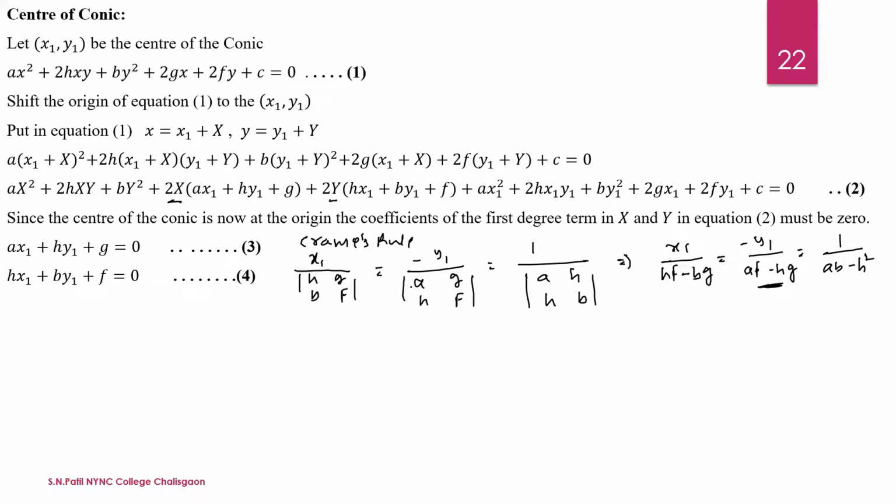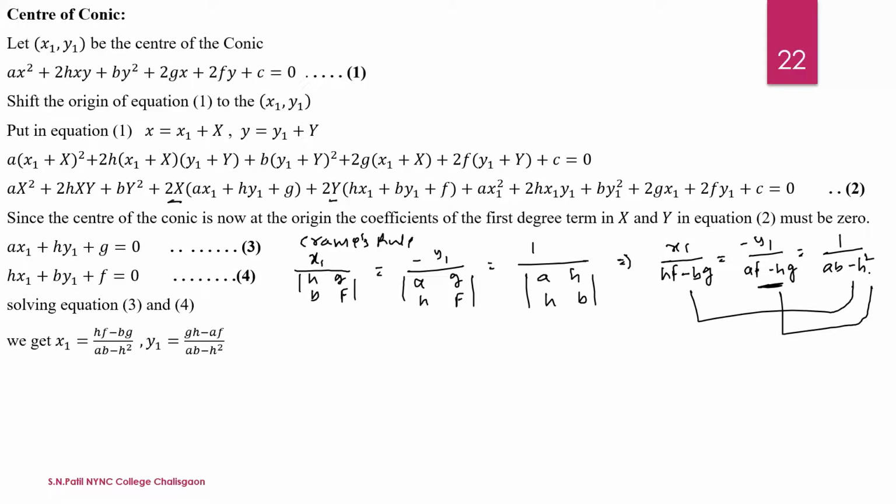In this way, for calculating x1 consider the first and last column, and for calculating y1 consider the second and last column. So we get x1 and y1.